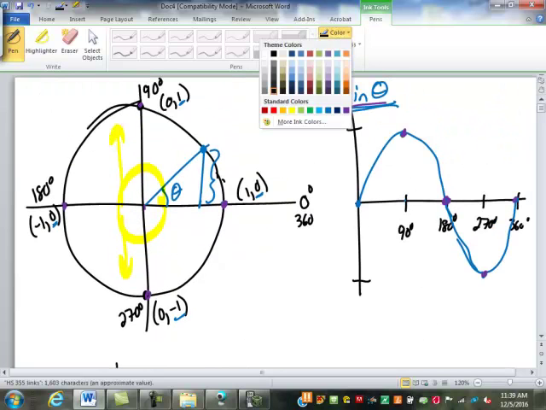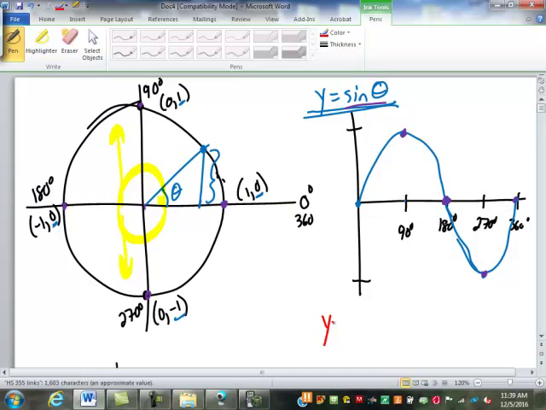Now, if I were to graph the cosine, y equals the cosine of theta. The cosine is the horizontal distance, or the x-coordinate on the unit circle. So at 0 degrees, the cosine starts out with a value of 1. At 90 degrees, it has a value of 0.